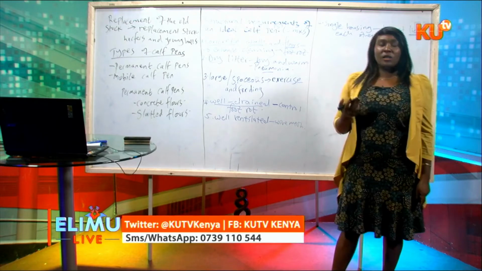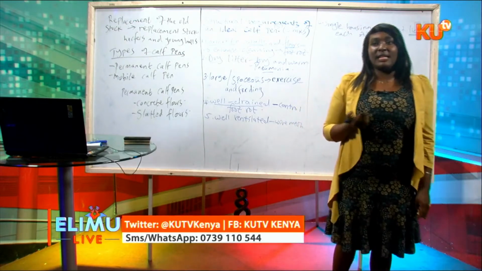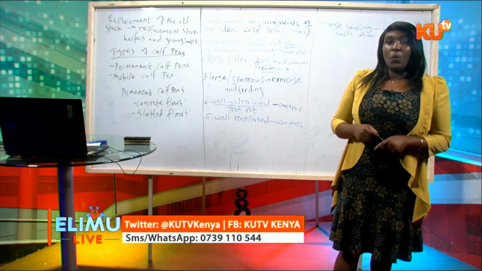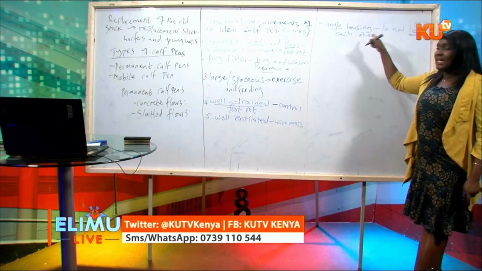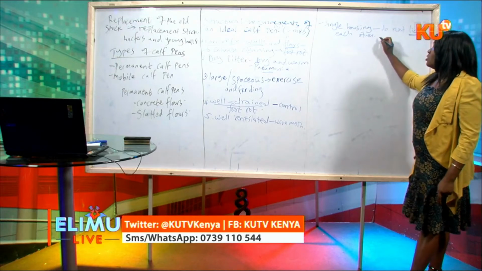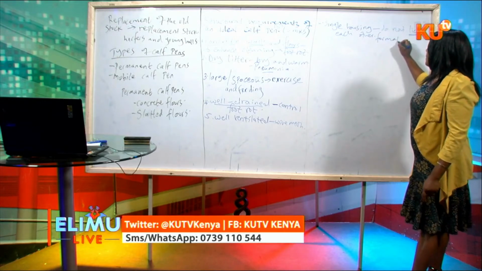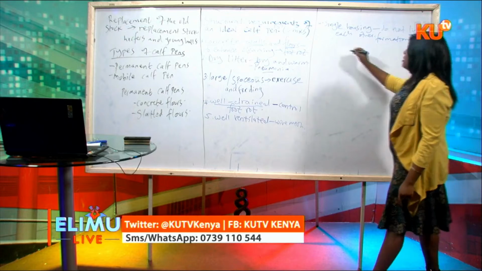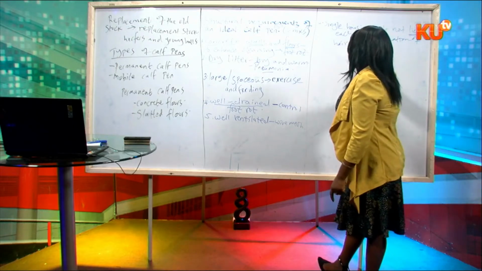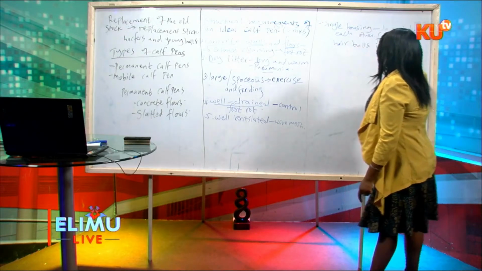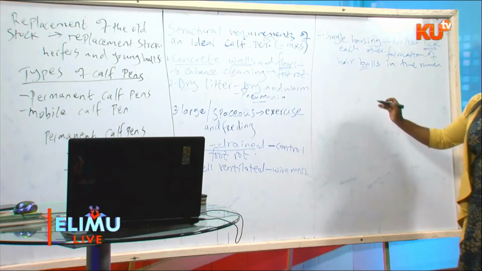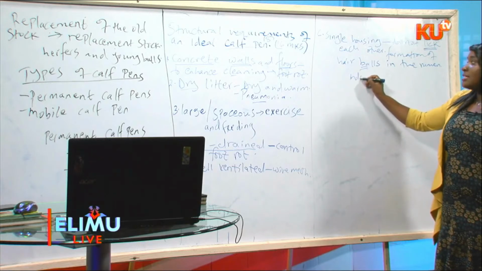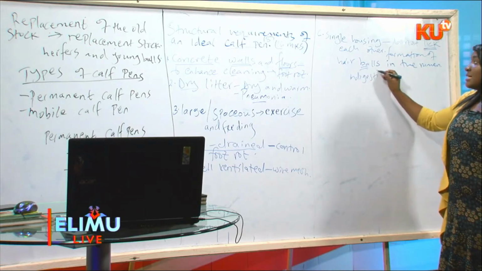And why don't we want calves to lick each other, dear learner? Licking each other can lead to formation of hair balls in the rumen. And these hair balls are indigestible. They cannot be digested.